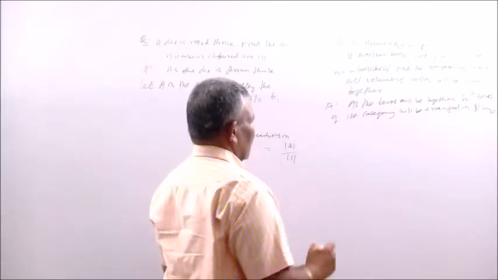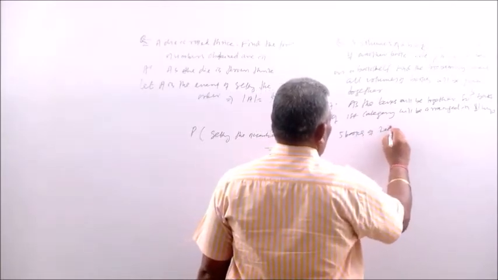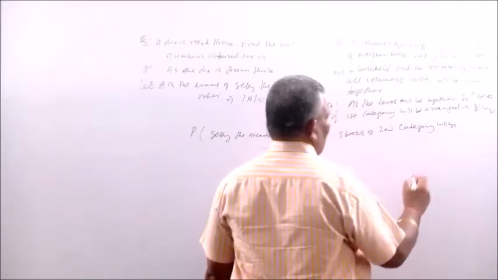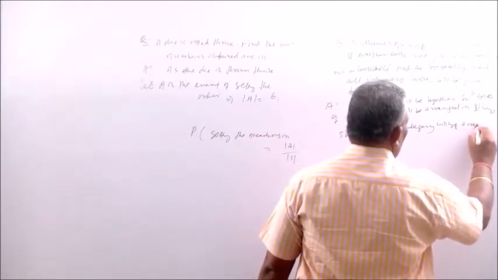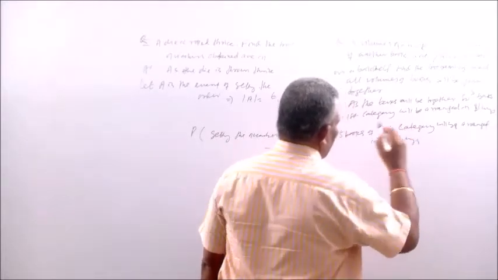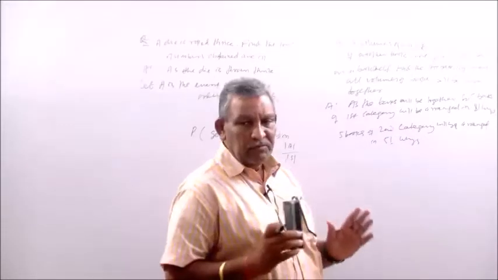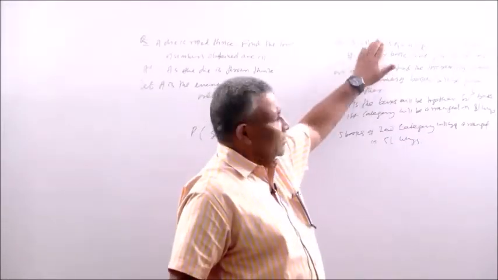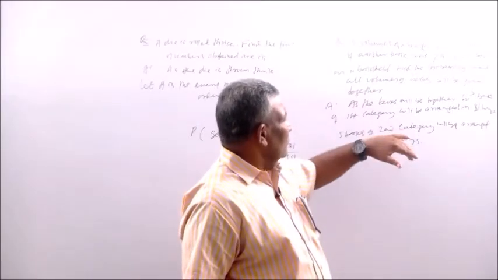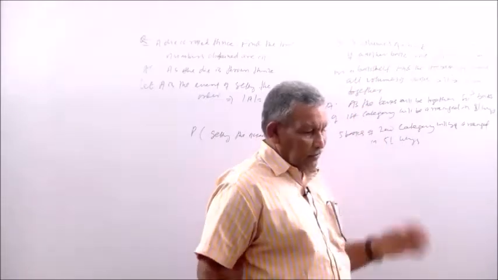Similarly, 5 books of the second category will be arranged in 5 factorial ways. Now there are 2 possibilities. Either you can keep the books of the first category in the first place, and another process is keeping all the books of the second category in the first place.